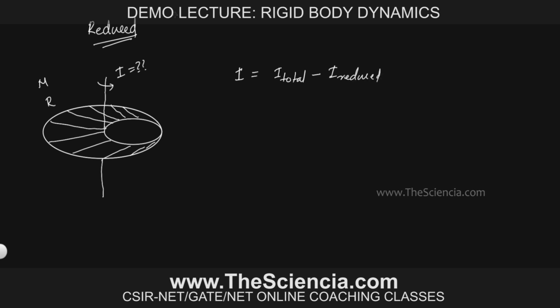Here I am considering as a disk, right? Now what is I total? Total is equal to MR square by 2 minus what is I reduced. So we have to find out the value for I reduced.